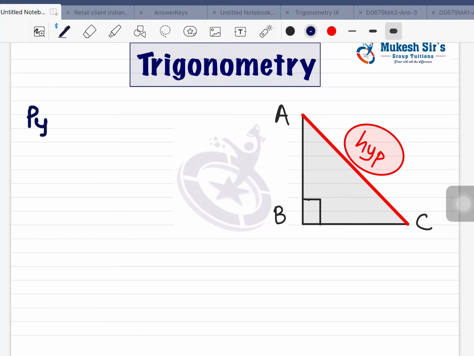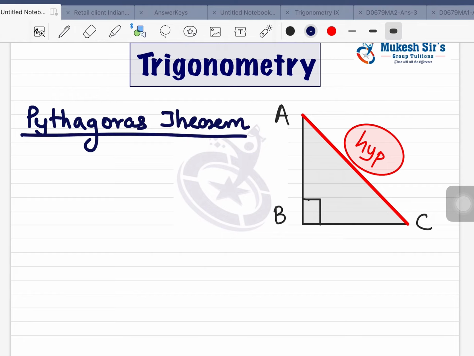So what is Pythagoras theorem? Pythagoras theorem says in a right angle triangle, the square of the hypotenuse, so hypotenuse square, is equal to the sum of the squares of the remaining two sides.